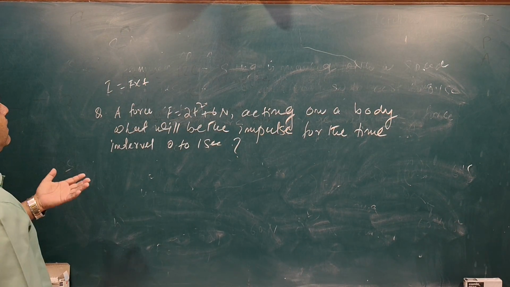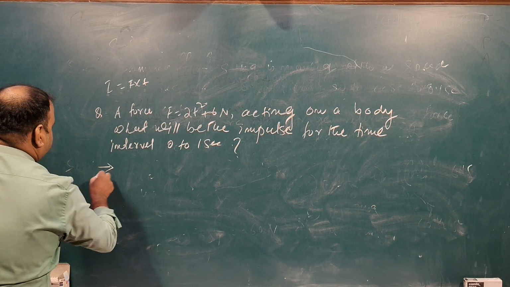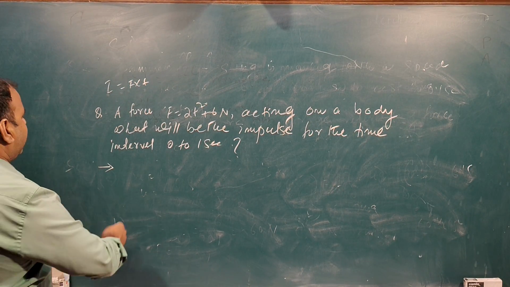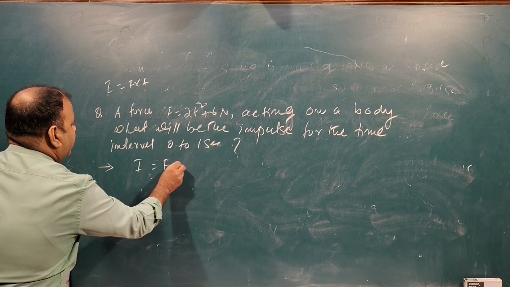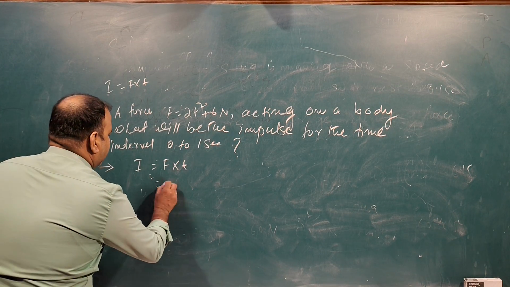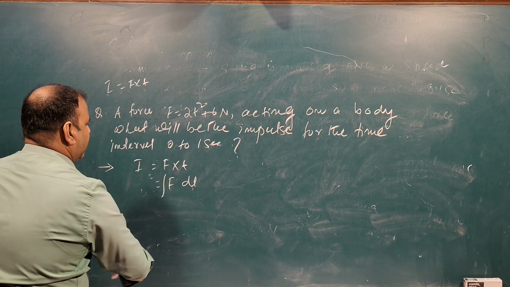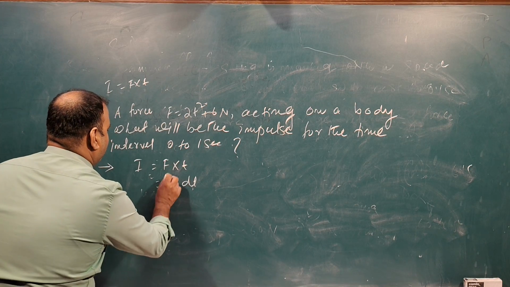Now how can we proceed with the solution from the given question? Already we know I = F into t. So we can write this formula as F dt. Here we give integration, and the time interval is given 0 to 1. The force is given 2t² + 6, dt, from 0 to 1.